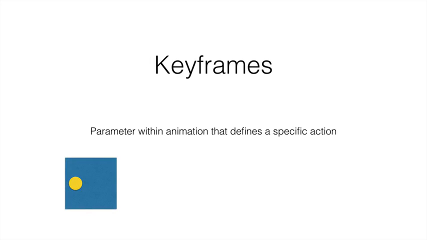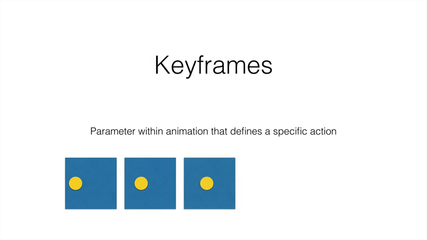We start with our original frame, and we have our ball here on the left, so there's nothing different going on than what we've been doing. Then we get our next frame, and then now we're at our middle frame. And our middle frame is going to be a keyframe.